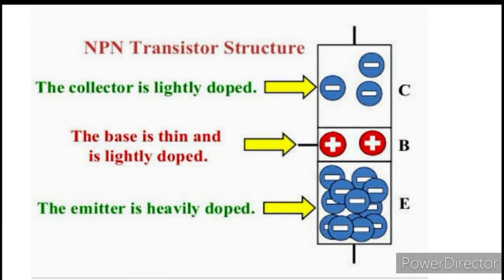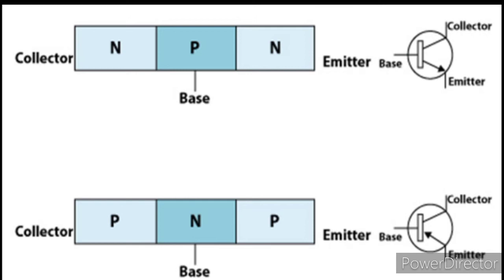In this chapter we will focus on the common emitter connection because it is the most widely used. Here are the symbols and structures of the PNP and NPN transistors. The inward and outward arrows indicate the current direction.